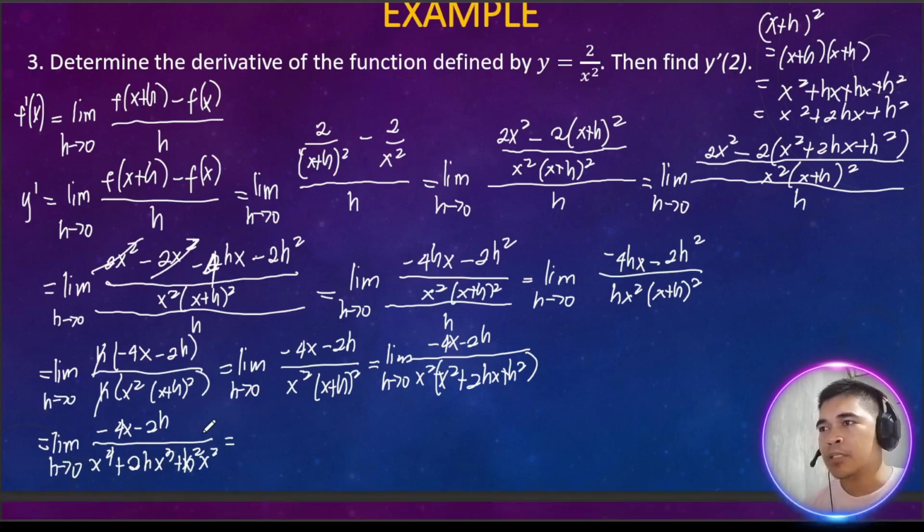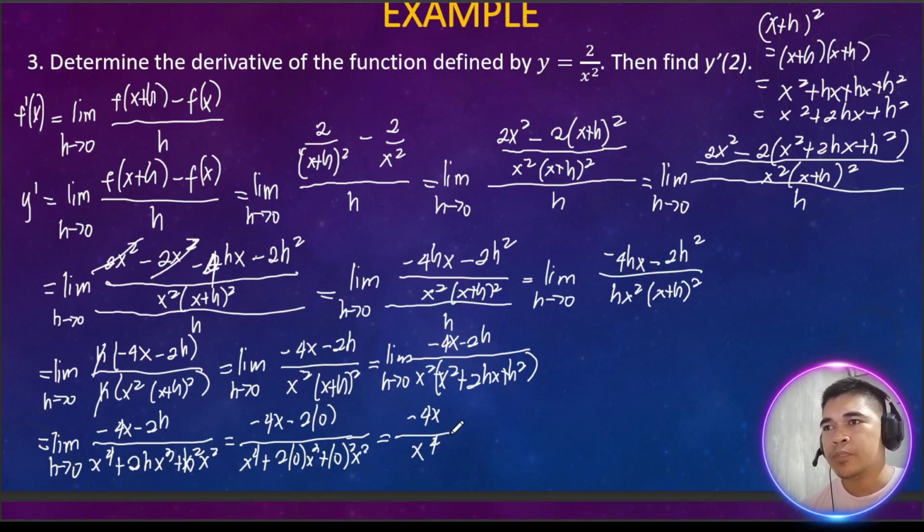Equals, we substitute our h which is 0. So, negative 4x minus 2 times 0 over x to the fourth power plus 2 times 0 times x cubed plus the square of 0 times x squared. So, the remaining now is negative 4x over x to the fourth power. Simplify, we get negative 4 over x cubed.